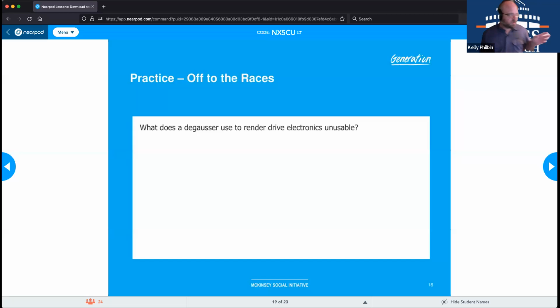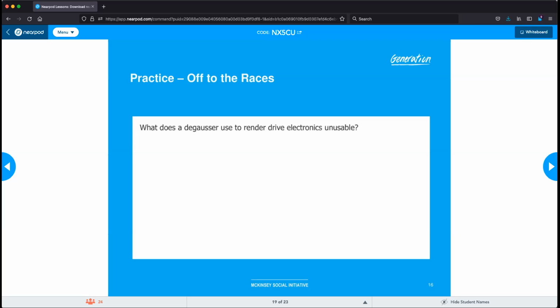What does a degausser use to render drive electronics unusable? I think a degausser would be affecting the disk.